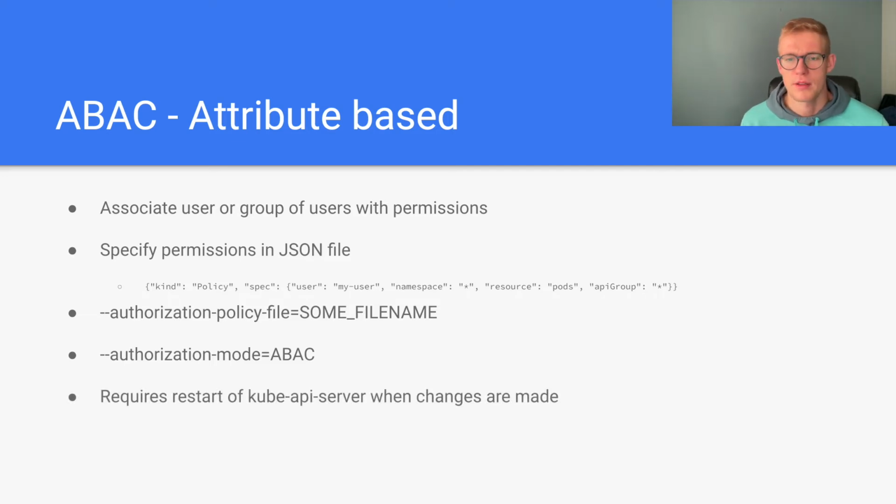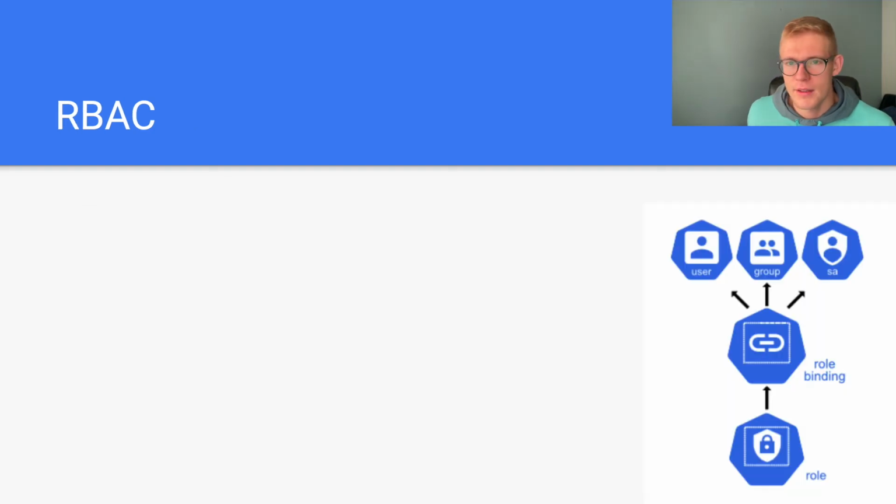However, the problem with this method of authorization is that if we want to make changes to the permissions that we've given to a user or group, then we have to modify the file manually and restart the API server.